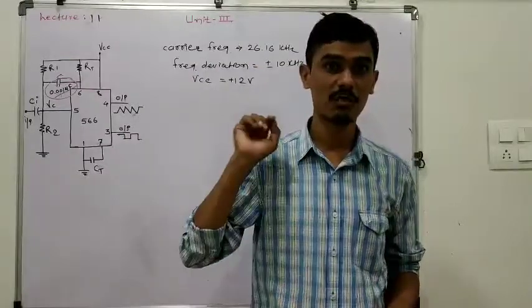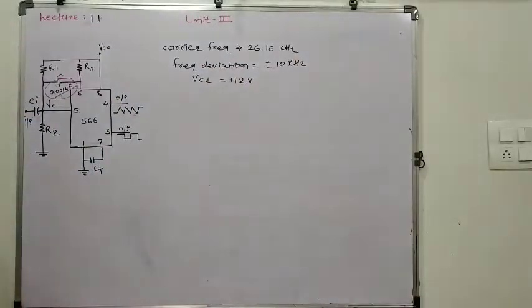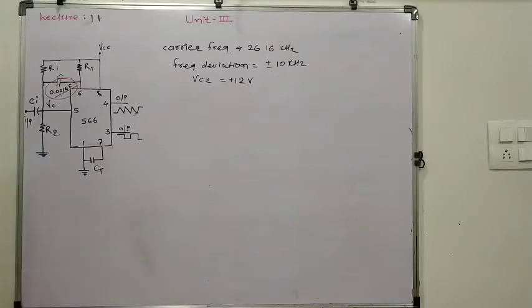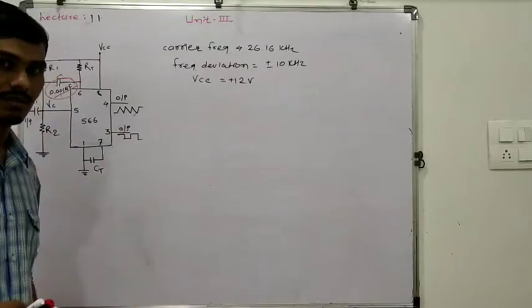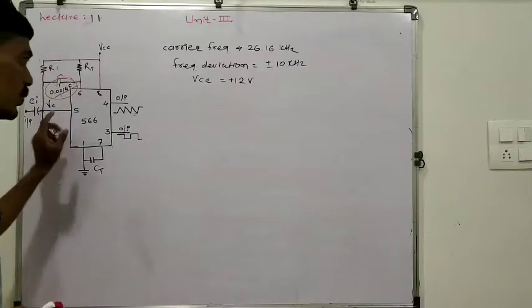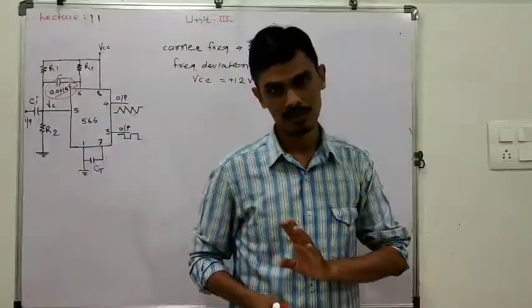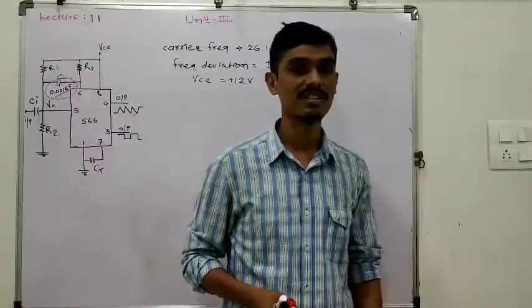We know the frequency formula: f0 is equal to 2 into (V minus VC) divided by RT CT into V. If we vary VC, the frequency varies. Here two VC values are possible, one for the maximum and one for the minimum, and depending on that VC we get the frequency modulation.